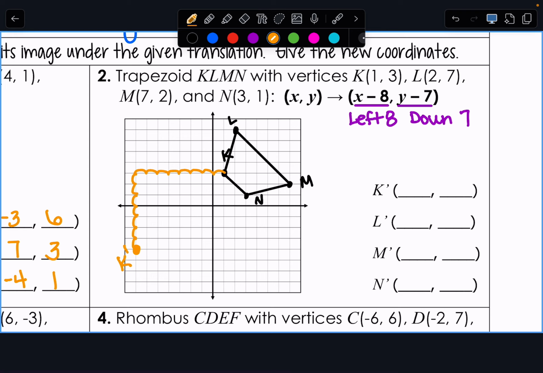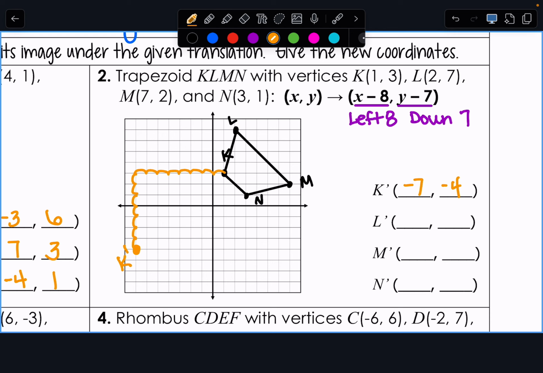Where did we land? -7, comma. I think it's -4, right? -7, -4. And you have those nice little numbers to help you, right?